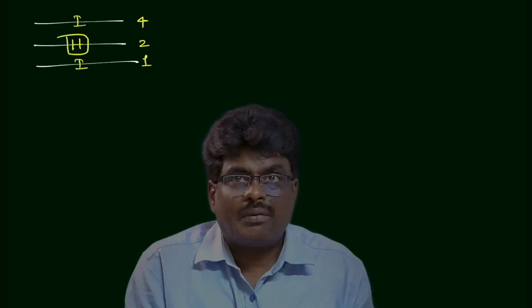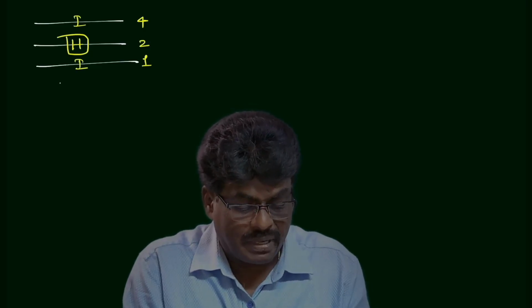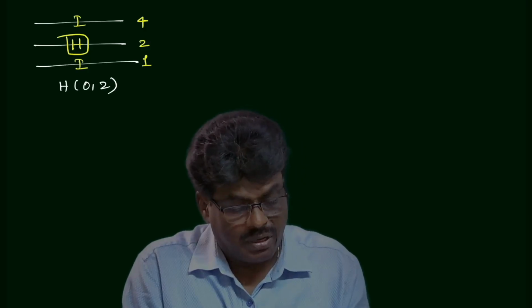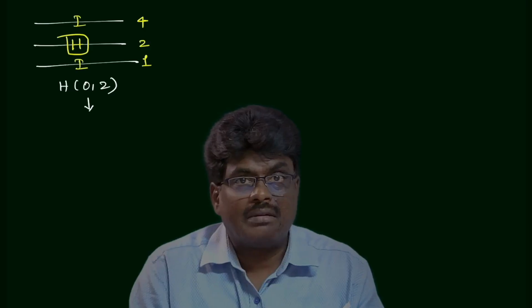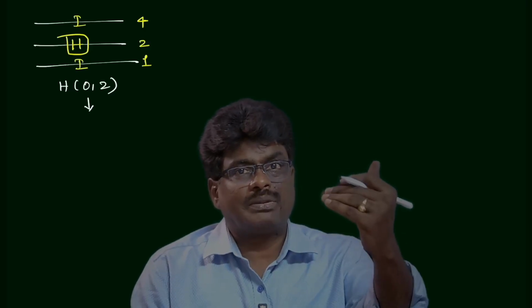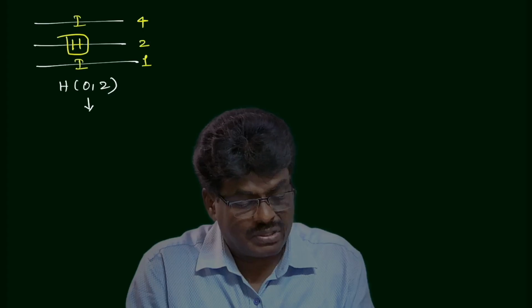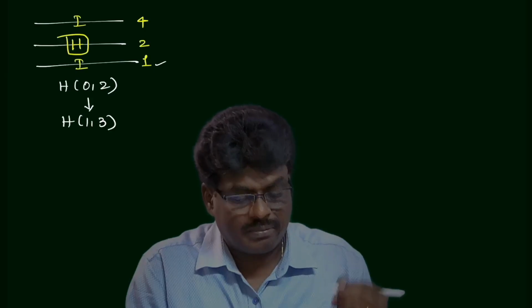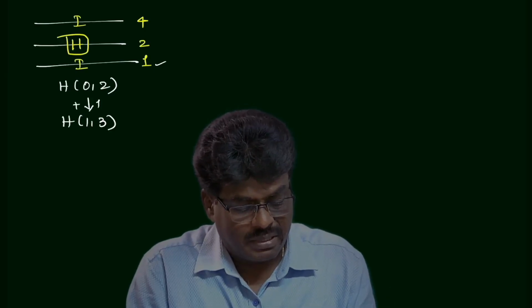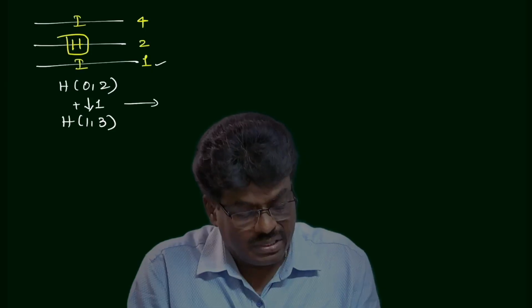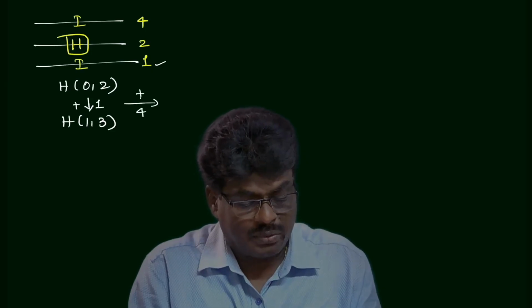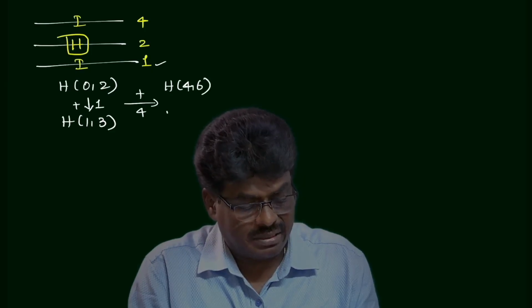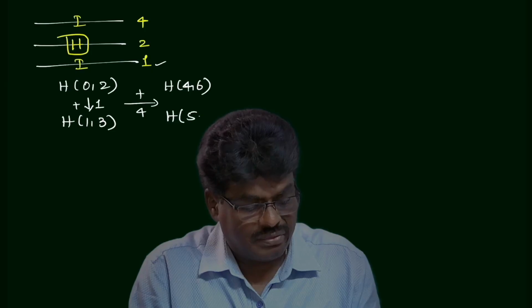Then by using our notation, how to write these operations? This is H of 0 comma 2. Anything you can add, but I am adding from the lowest number to the highest. So first I am adding 1, that is H of 1 comma 3, and this is plus 1. So for both we have to add 4. That's why it becomes H of 4 comma 6, and H of 5 comma 7.